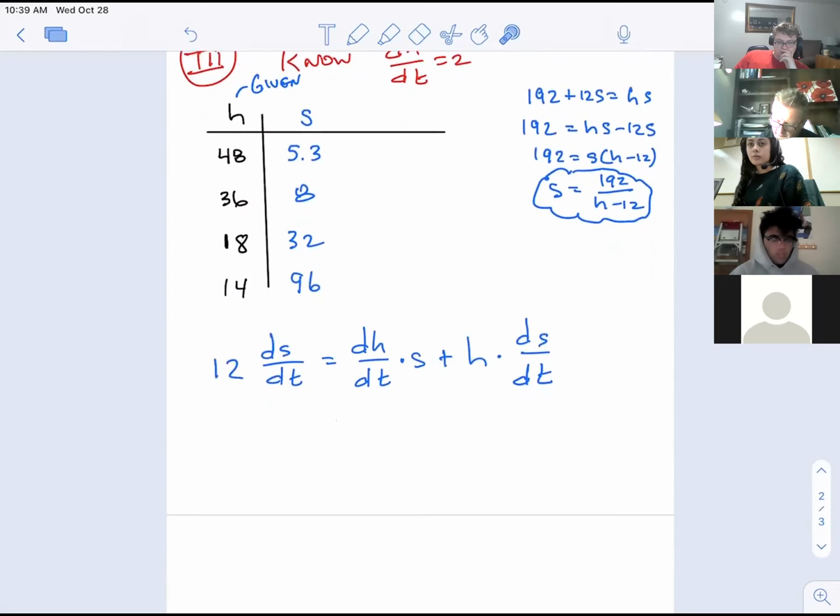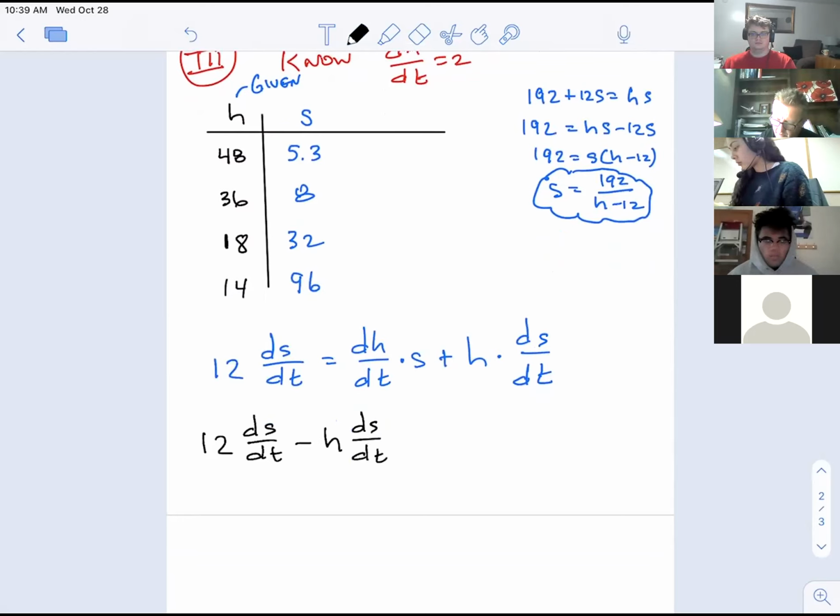So how do I solve for ds/dt? Well, I could take this ds/dt that's on this side, and I could bring the one over from the other side. So now all the ds/dt's are on the same side, and the non-ds/dt's are on the other side.